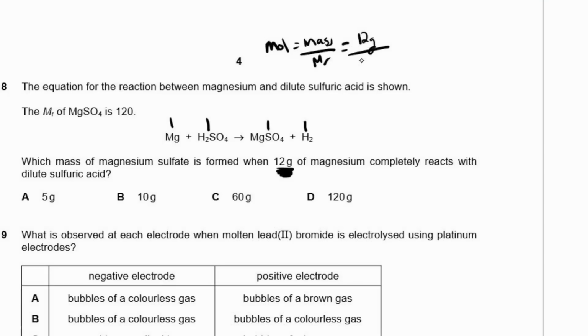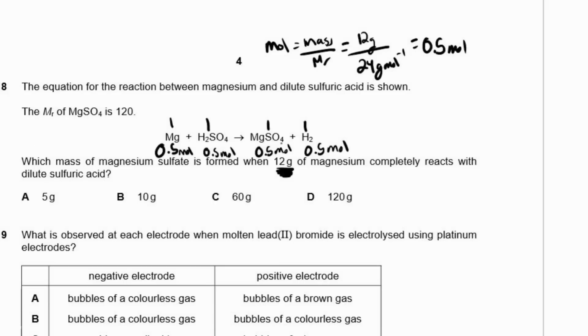So it's 12 grams divided by 24 grams per mole, and that means the answer here is 0.5 moles of magnesium. So 0.5 moles of magnesium plus 0.5 moles of sulfuric acid produces 0.5 moles of magnesium sulfate plus 0.5 moles of hydrogen, just because it's a 1 to 1 to 1 to 1 ratio.